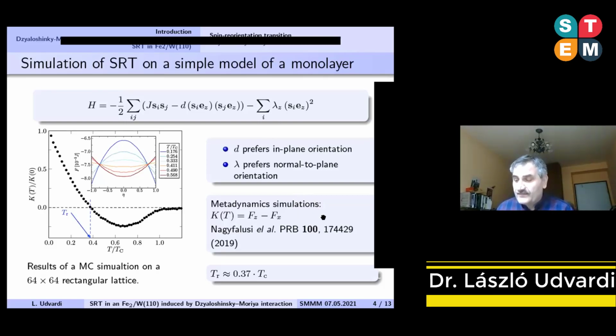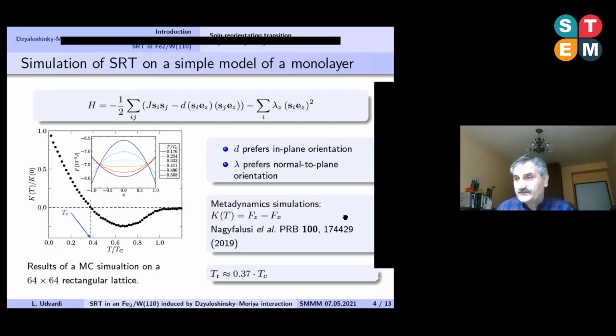For example, umbrella sampling is also a similar method. Using metadynamics, we can explore the free energy surface along some special direction, which is called a collective variable in the language of metadynamics.